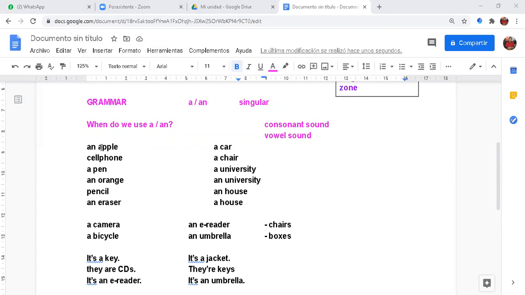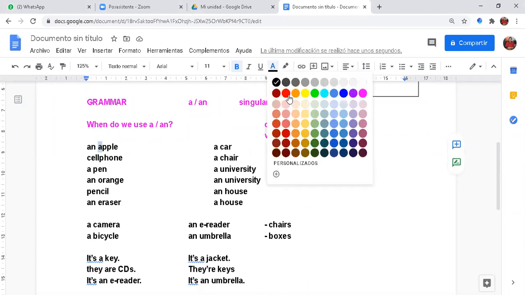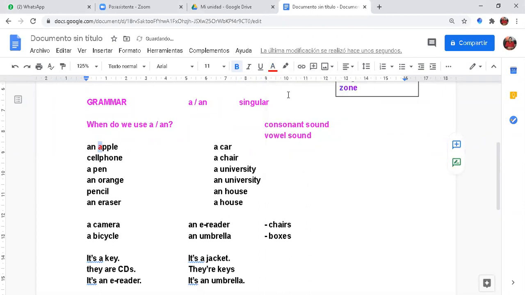That means if this letter has a consonant sound, you have to use a, and if it has a vowel sound, you have to use an, depending on the sound.